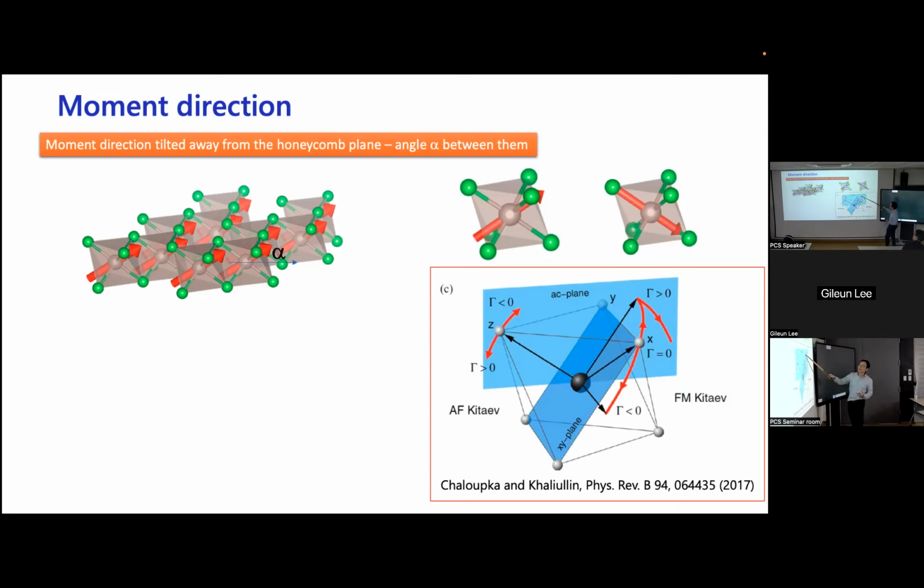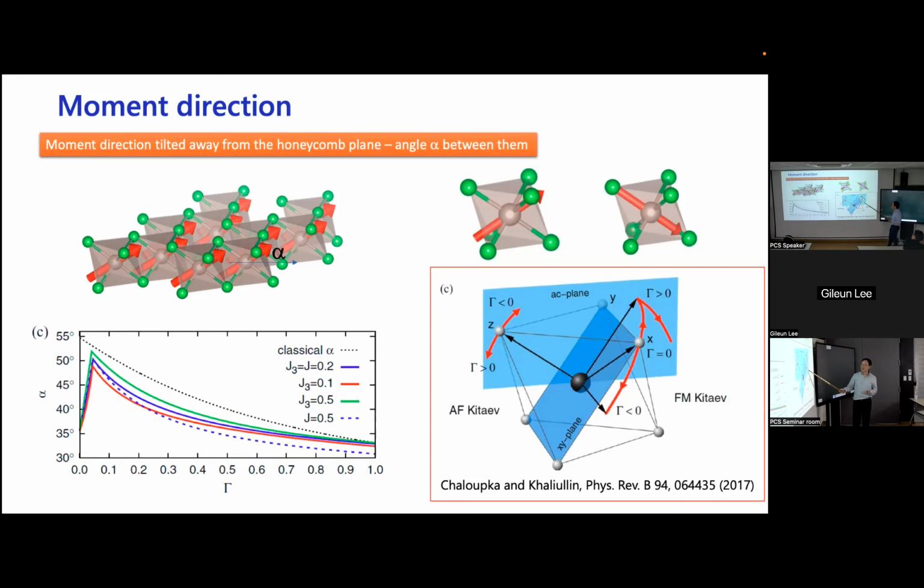And then as you increase the gamma interaction, you are gradually rotating these spins away from this plane towards the equatorial plane of the honeycomb plane. So this measurement of alpha is actually very important in determining the size of the gamma interaction versus the size of the Kitaev interaction.